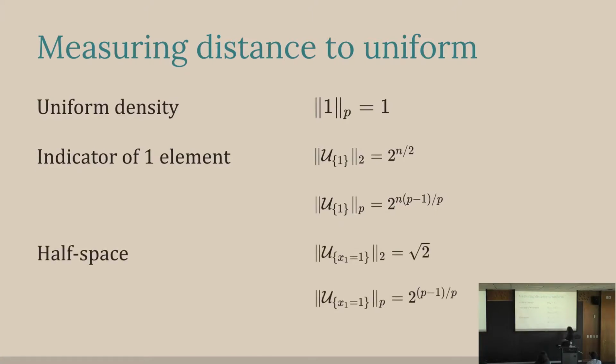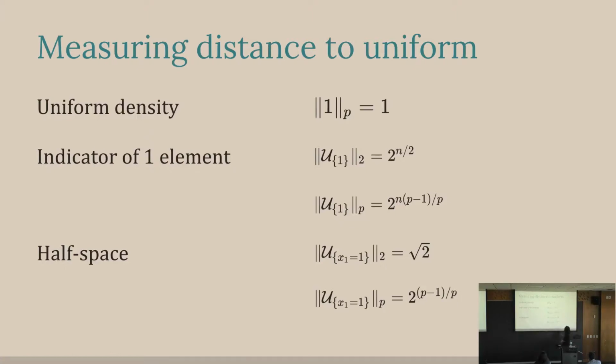We can also check this intuition with the indicator of a half space, which has half the values being 2 and half the values being 0. This is a non-constant function, but it's also not super spiky, and so all the Lp norms are relatively small.